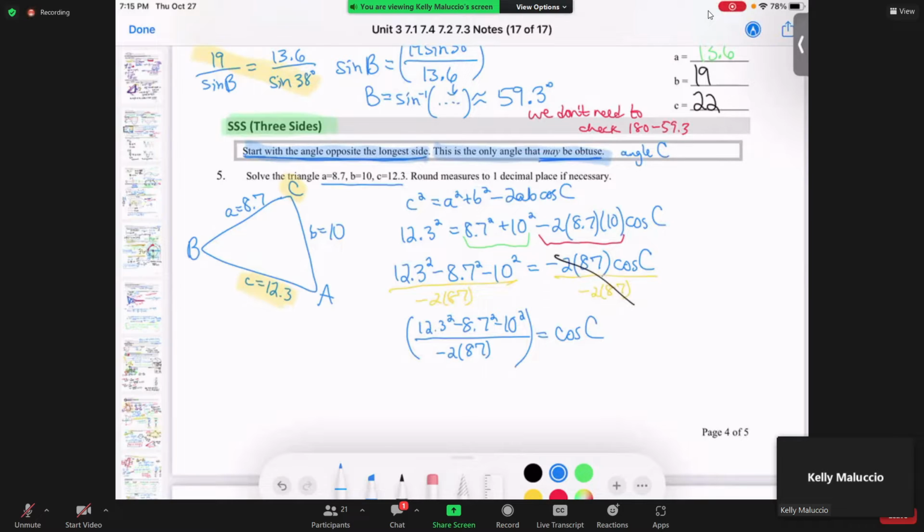Let me do this. Okay, I'm just gonna write this. So inverse cosine of C, or I'm gonna do this.